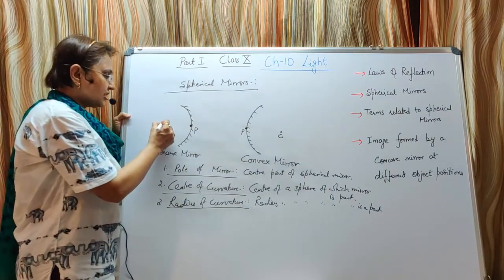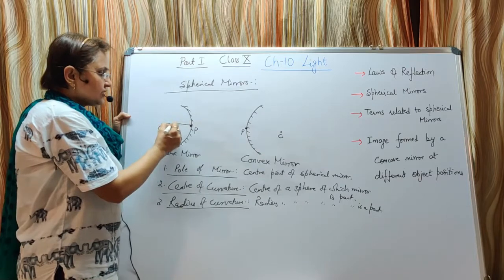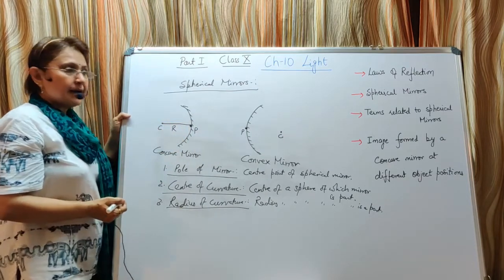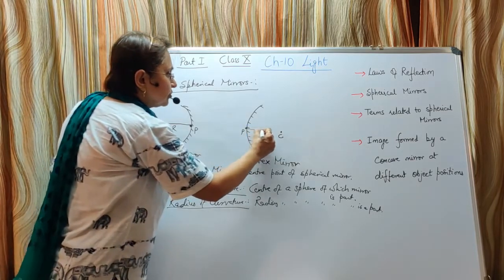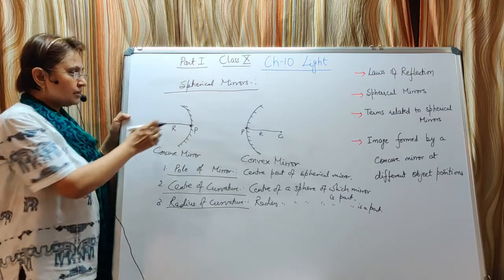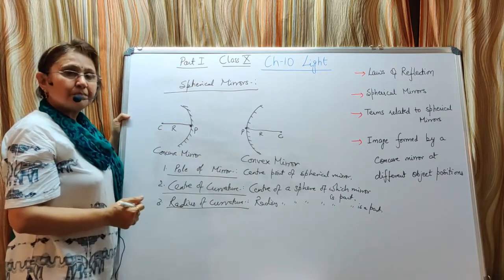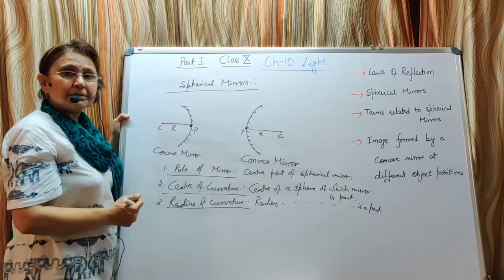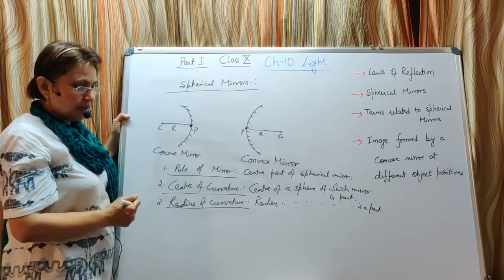Which distance would it be? It would be the distance from P to C, and it is represented by capital R. So it is the radius of the sphere of which this spherical mirror is a part.